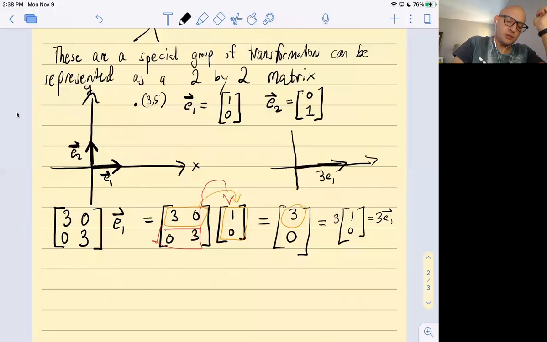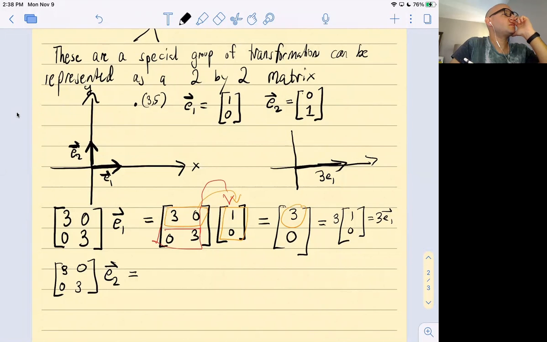Okay. What about E2? Can you guys tell me what happens if we multiply this matrix times E2? What do you think that would do? What would the result be? Do the trucks into the parking spots again.